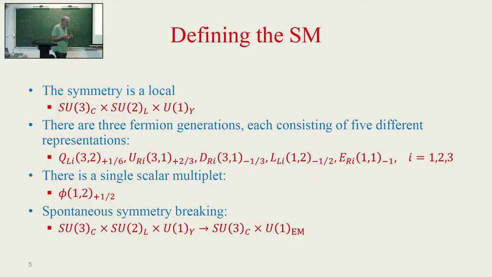But the existence of a particle does not necessarily imply the existence of a C conjugate particle. It does imply necessarily the existence of a CP conjugate. Indeed, for all of these particles, in nature there are also their CP conjugates, but not their C conjugates. There is no Q left which is 3 bar, 2, minus a sixth. No such representation in nature. So the model breaks C, and it breaks it already here in the definition of the model.